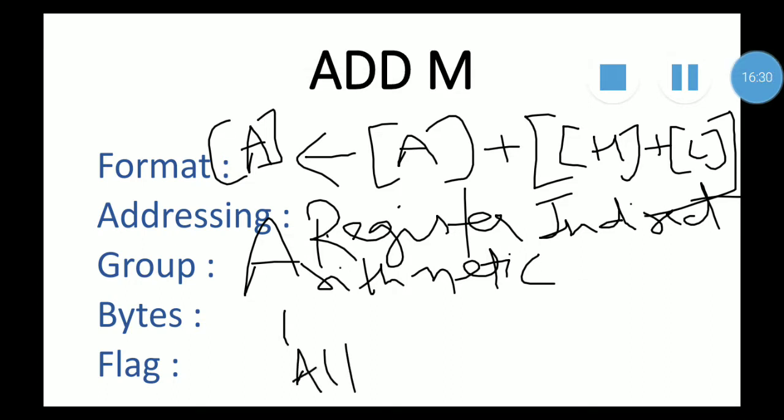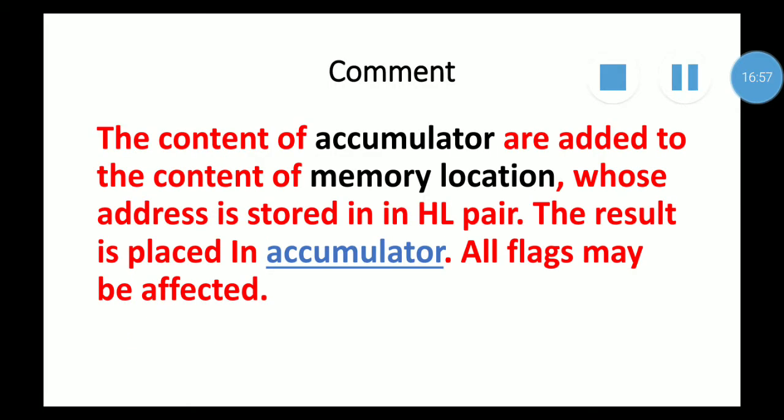Let us see the explanation or the comments on ADD M. Before going to the comment, get an idea of what ADD M is. The content of the memory location pointed to by the HL pair will be added with the accumulator and the result will be given into the accumulator. The content of the accumulator is added to the content of the memory location whose address is stored in the HL pair.